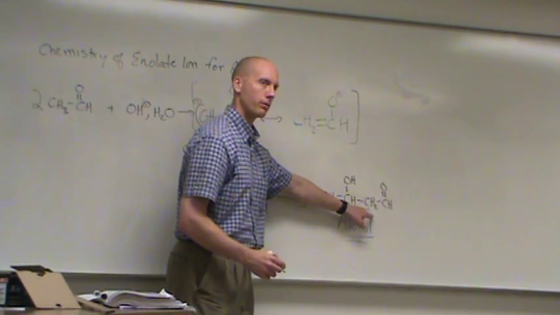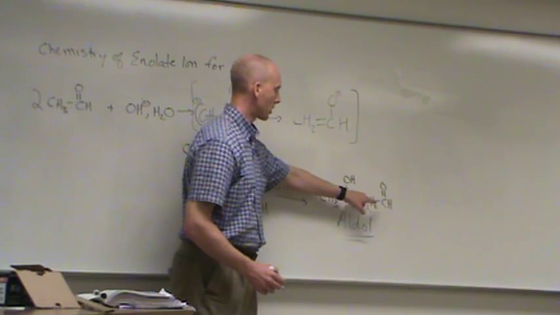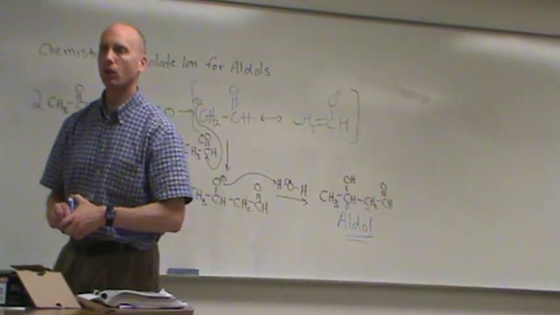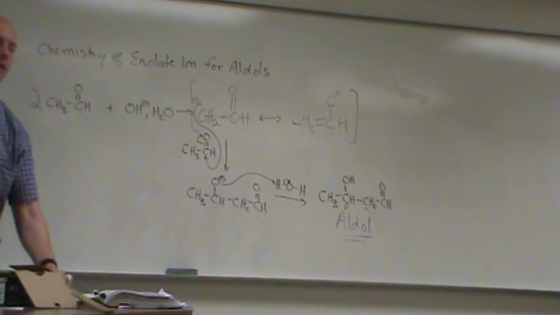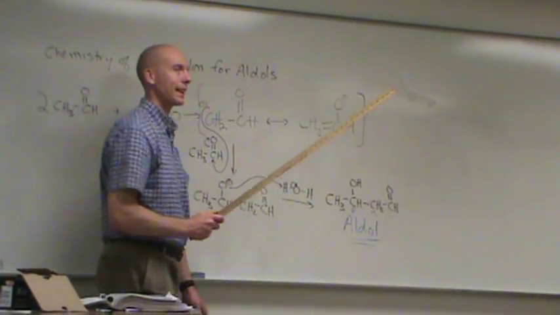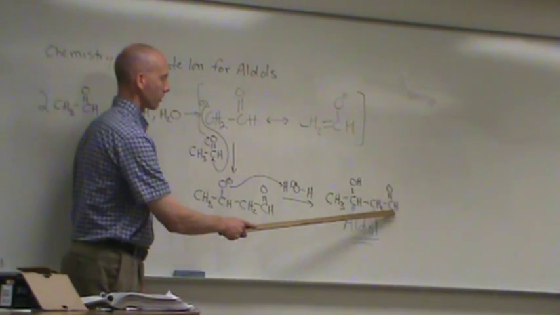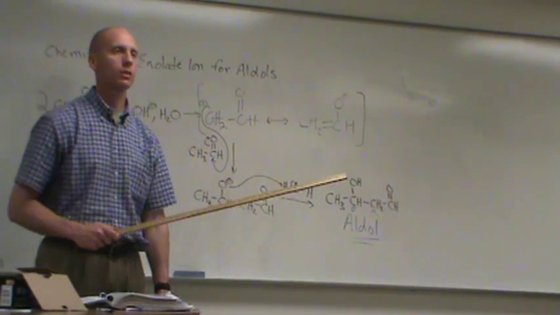Here's the alpha, the carbonyl. So I've got a beta OH and a carbonyl. That's what forms an aldol. An aldol can be called an aldol no matter if it's an aldehyde or a ketone, as long as I have that carbonyl there. Any questions on that?